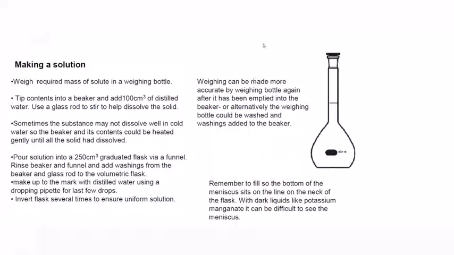Then making a solution. If we want to make a standard solution, how can we do it? The concept is that moles divided by volume gives concentration, that's moles per dm cubed. So for this purpose, we should know the moles exactly and the volume exactly.